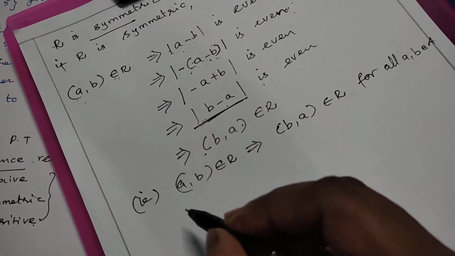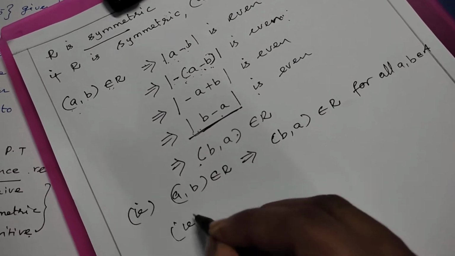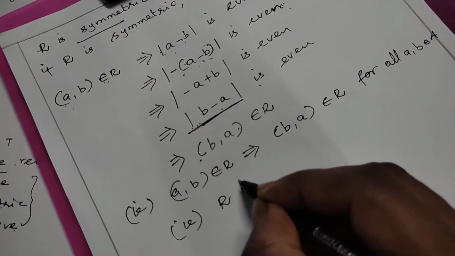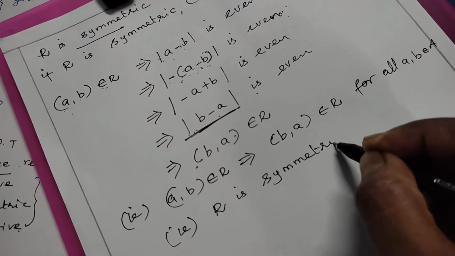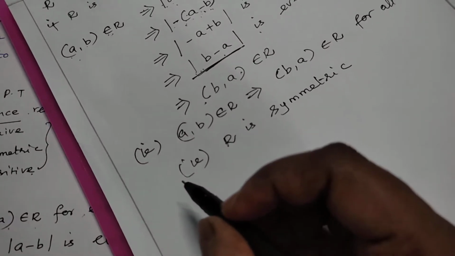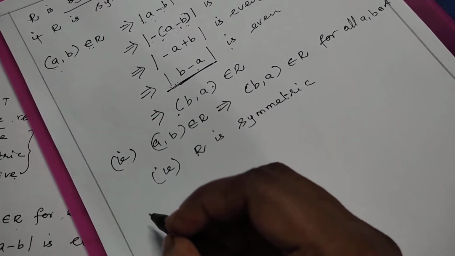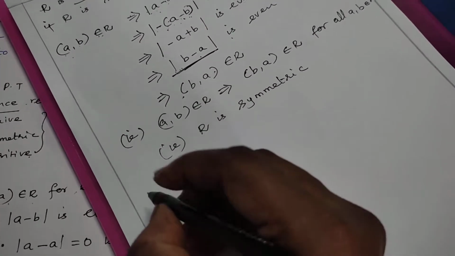Therefore we proved that R is symmetric. Then the third one will be R is transitive.